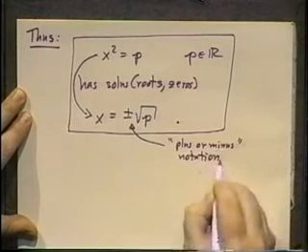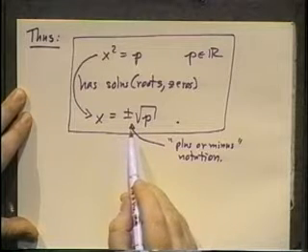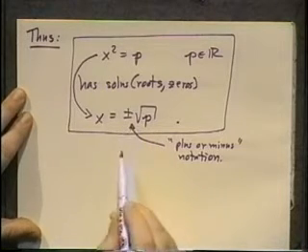That is simply a shorthand way of saying x is equal to plus square root of p or x is equal to minus square root of p. This just makes it shorter.